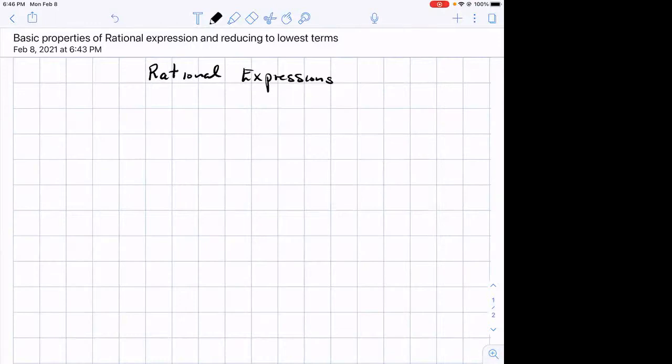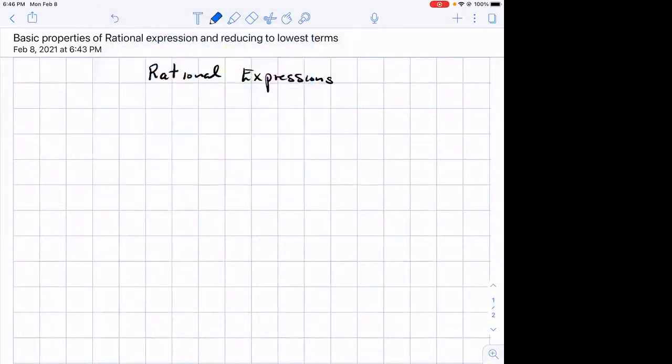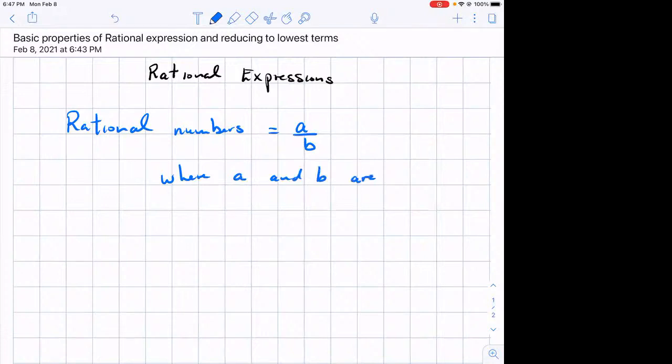So what is a rational expression, if you recall from one of the previous videos? Let's look at rational numbers first. We said that a rational number is something that's written as A over B, some sort of a ratio, where A and B are integers, but B cannot be equal to 0.